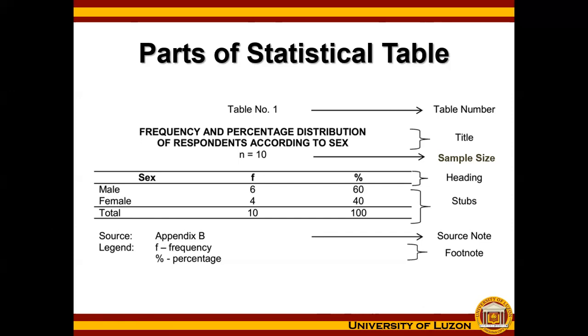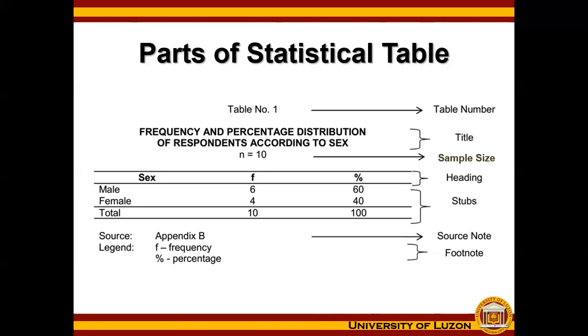So you will need to have it indicated under source, the location or the page where you can find the raw data where the numerical figures were taken from. So that is for source note.